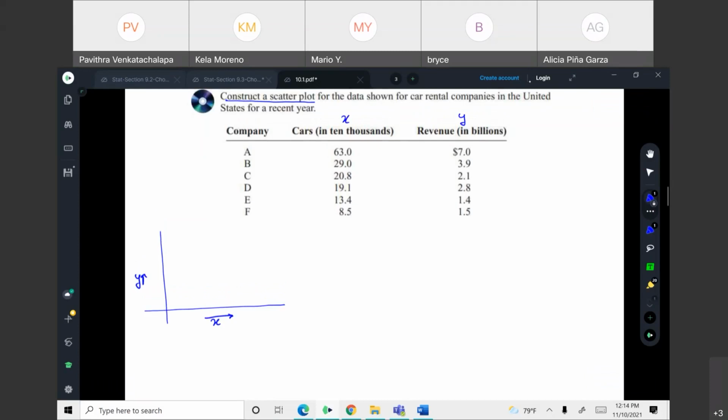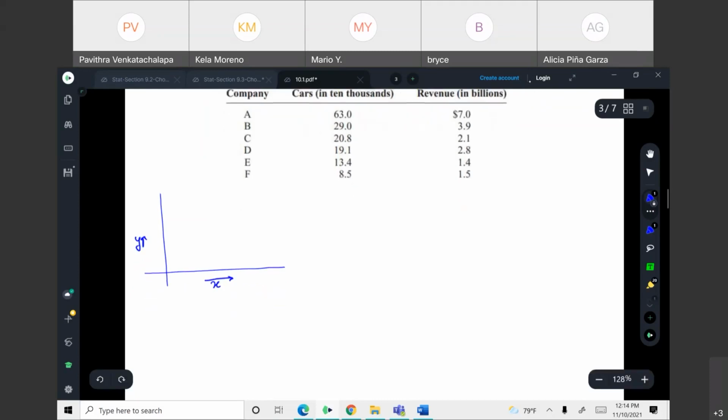Got it? Now we know it is from 8.5 to 63. I will just give random numbers: 8, let's say I have 13 here, 20, 29, 63. And likewise, I have 1 here, 2, 3, 4, 5, 6, and 7.